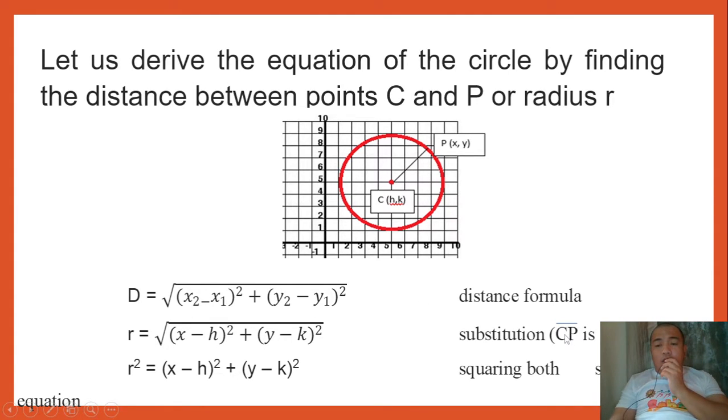Line segment CP is also the radius, so the distance can be substituted with r.